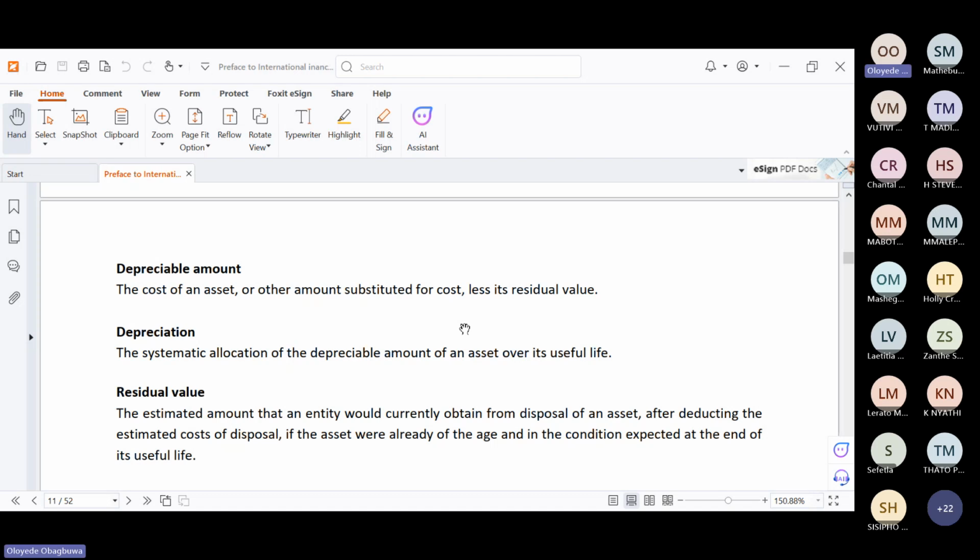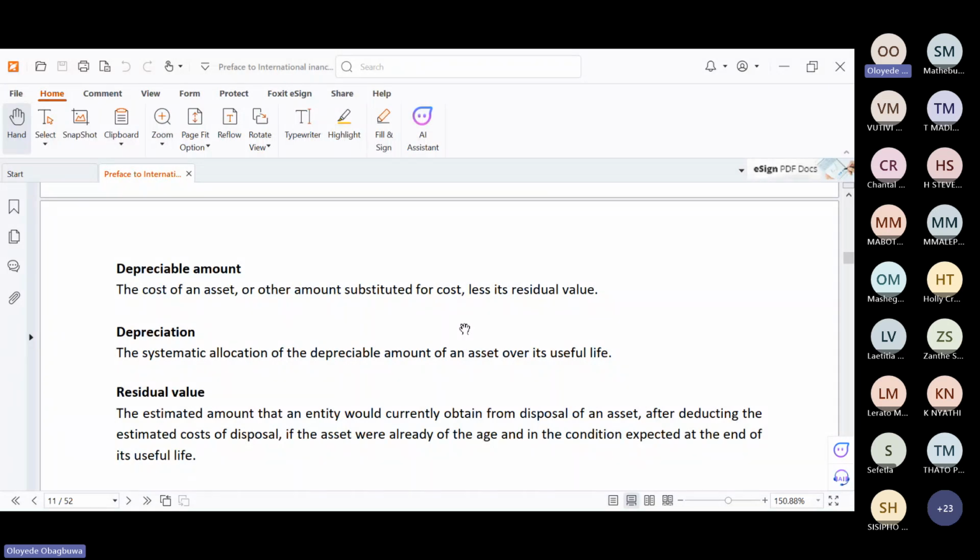But if you take such a car to the market and you're still able to recover something on that particular asset, that is the residual value. So when the residual value is removed from the cost of the asset, whatever you have is the depreciable amount.